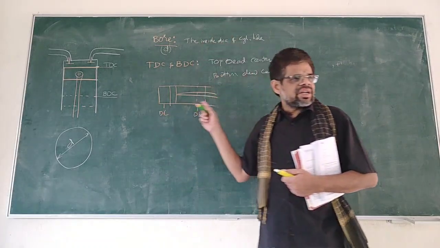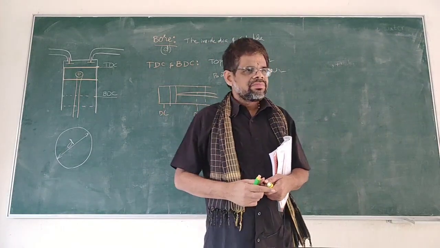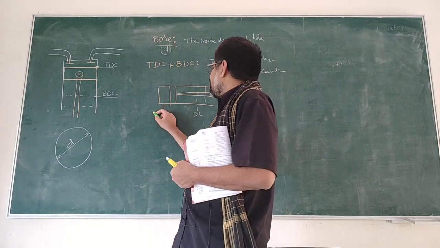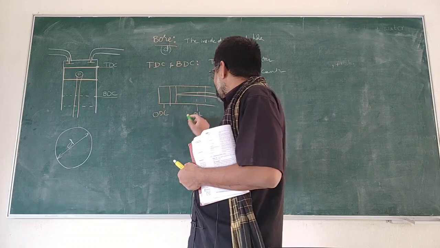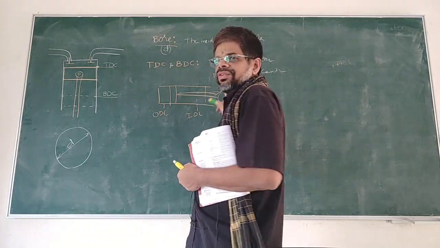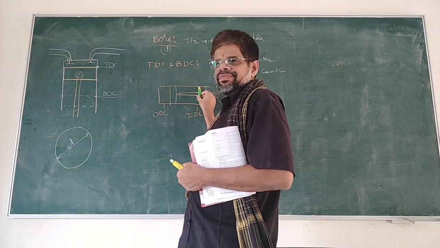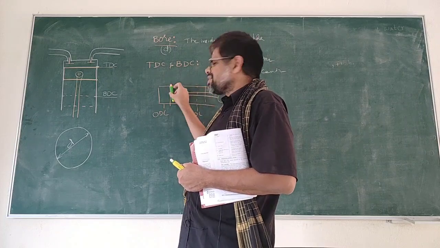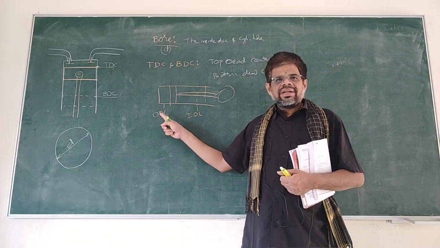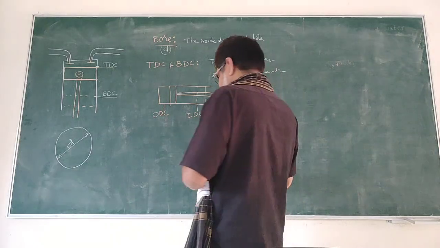Here will you call it top dead center or bottom dead center? No. Here we call them outer dead center and inner dead center. This is with respect to the crank. With respect to the crank, this center is inside and this is outside. That is why it is called outer dead center.